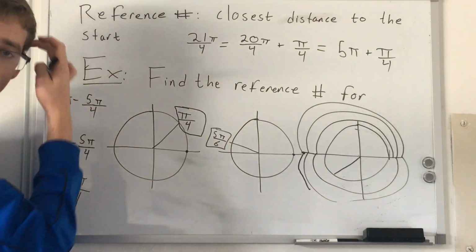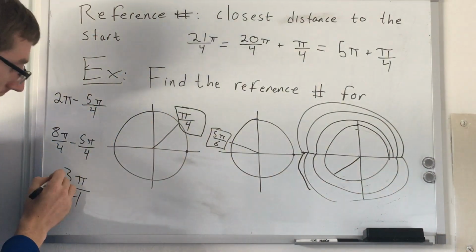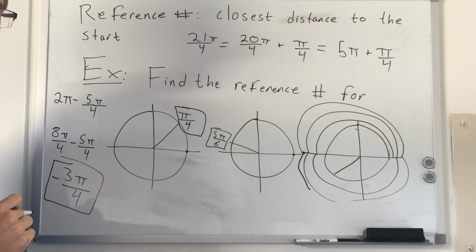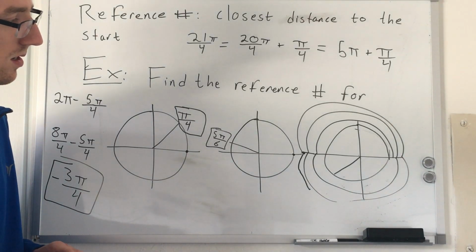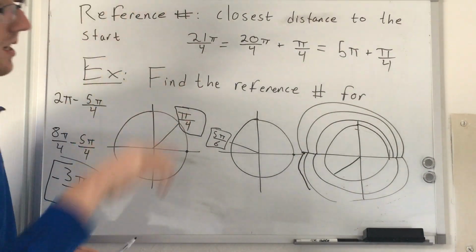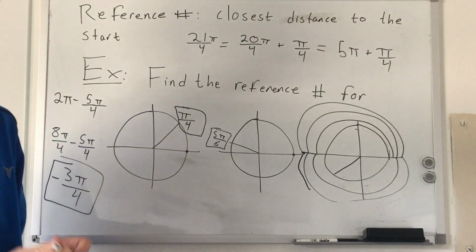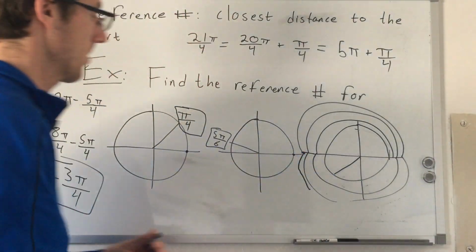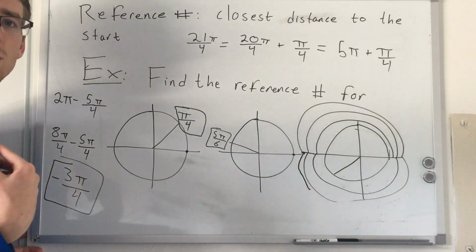No. I went the other way, so I have to make this a negative. Okay, so that's the reference number. Those are just some terminologies that you really don't have to know, but you should know them for the homework, I guess. But I won't test you on them personally.